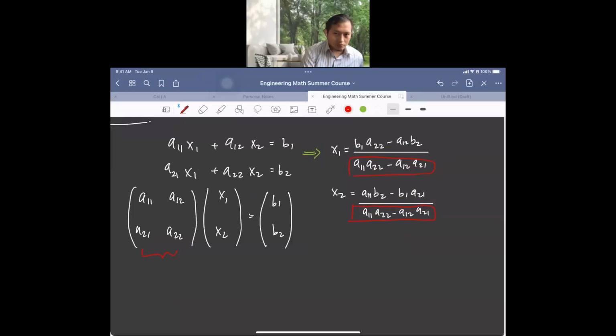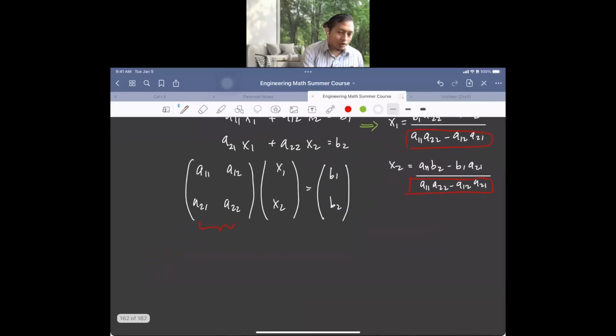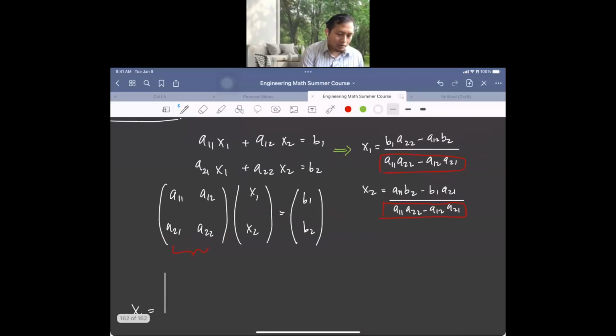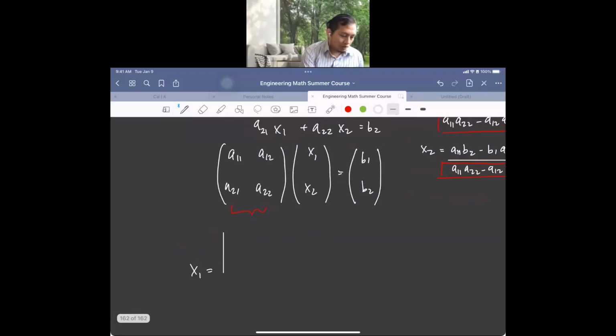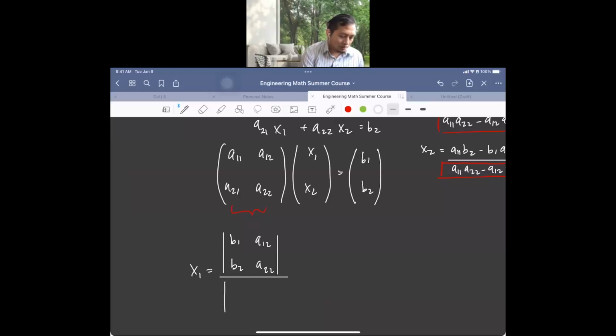The matrix here, determinant, and the upper part is also a determinant, but we change with b. So we can write that x1 is a determinant where we have b1 and b2. We just change the left part of the matrix with b1 and b2, and this is over the total determinant.